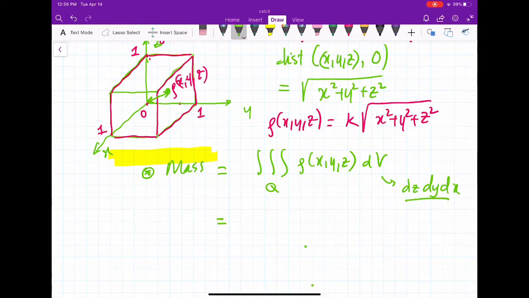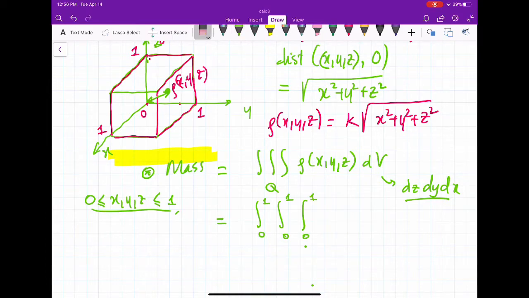From the picture, I see x, y, and z are between 0 and 1. And because we have a cube, which is good, I just write from 0 to 1, from 0 to 1, and from 0 to 1.